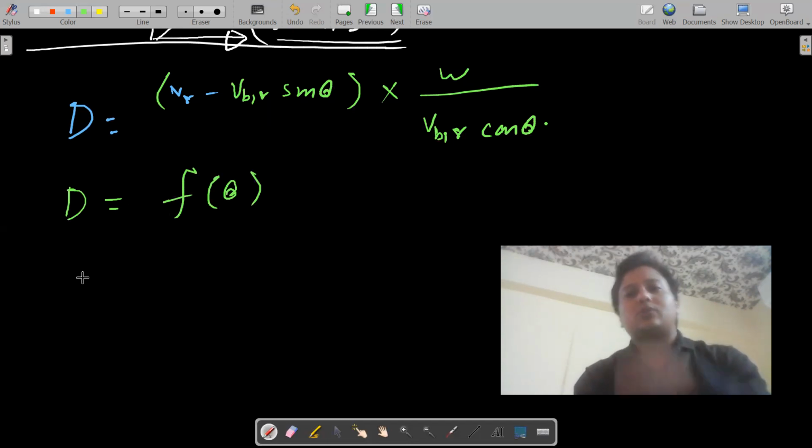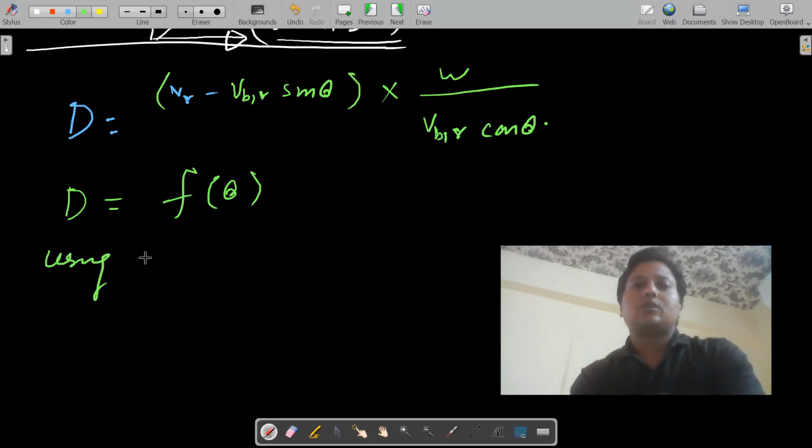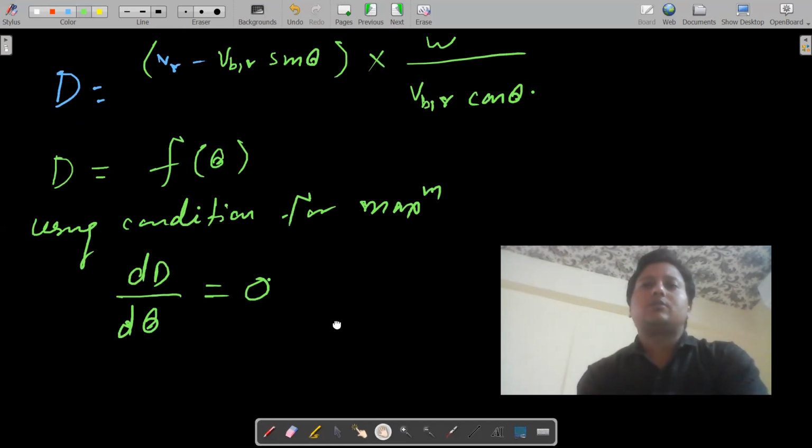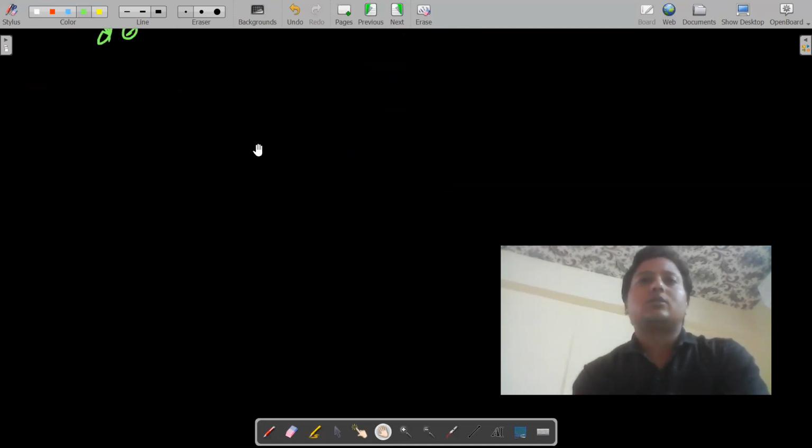So we can use the condition for maxima or minima: dd over d theta must equal 0, and by differentiating we can get the required theta.